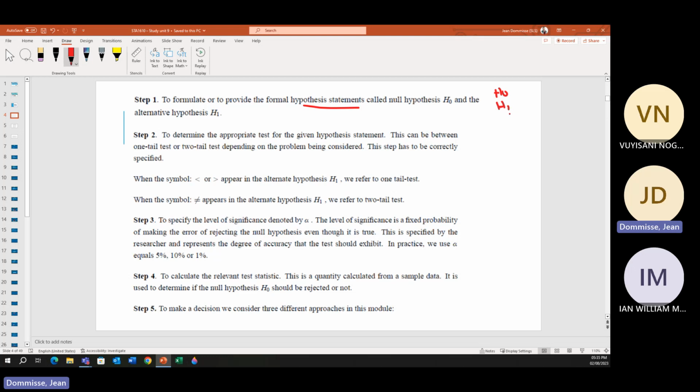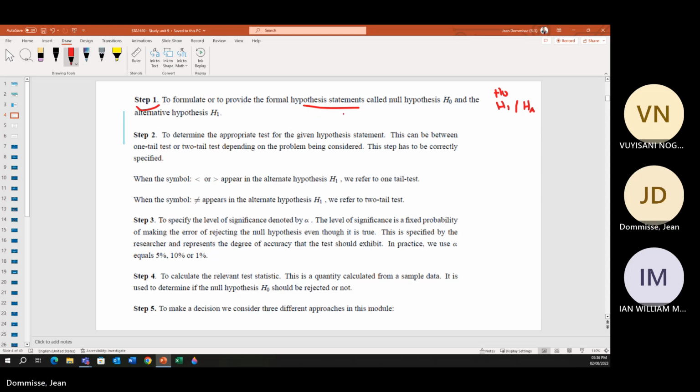The alternative can be shown as H1. Sometimes it is shown as HA, just to say it's alternative. So again, there's a few different ways of writing it down. But the first thing will always be that we need to identify hypothesis statements.